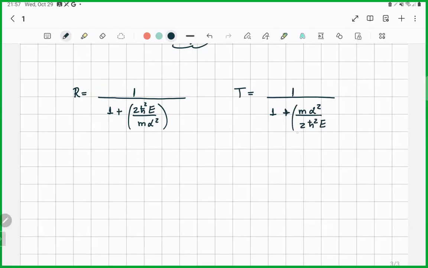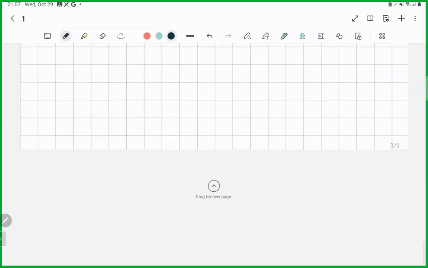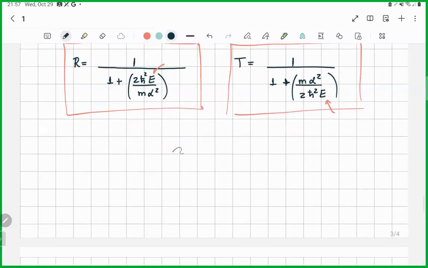All right. Okay, so this is the reflection coefficient, which does depend on energy, and the transmission coefficient, which of course also depends on energy. What does it mean? Let's analyze two different cases, two different extremes here.